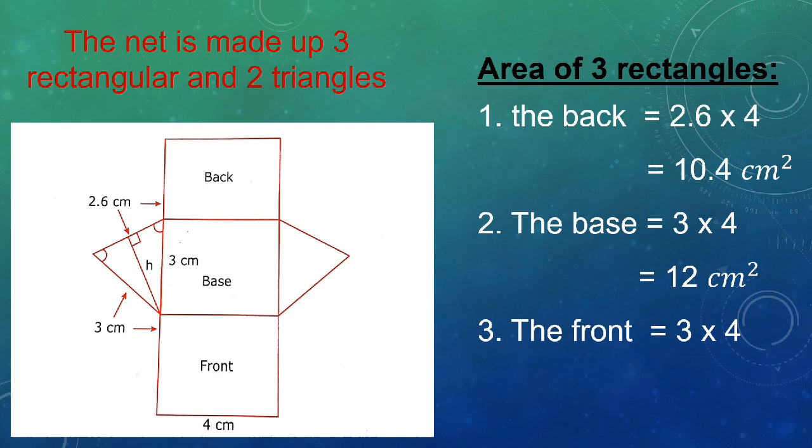So 3 times 4 is 12 centimeters squared. Meaning the back is 10.4 centimeters squared, the base is 12 centimeters squared, and the front is 12 centimeters squared. That is the area of our rectangles.